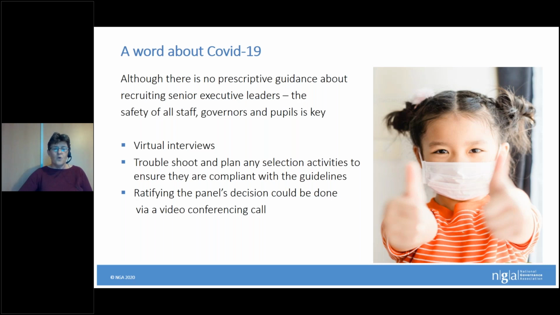We know through our work with boards and local authorities that throughout lockdown, virtual interviews have been used very successfully. But boards must consider the selection activities they're going to participate in and make sure they're compliant with all the guidelines. We also know that when it comes to the end of that process and the board is ready to approve the panel's decision, that can be done far more efficiently through a video conferencing call.